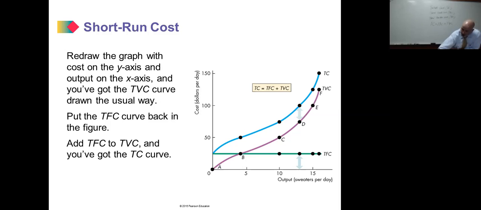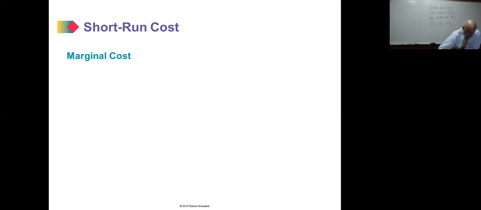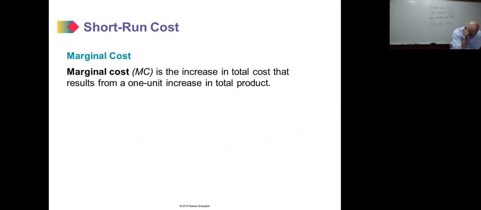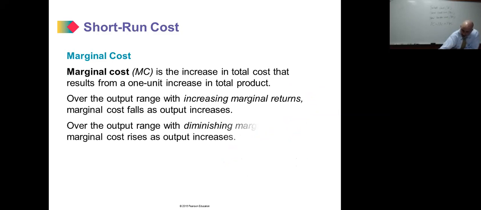How are we going to define marginal cost? The increase in total cost that results from a 1 unit increase in total product. Over the output range with increasing marginal returns, marginal cost falls as output increases.